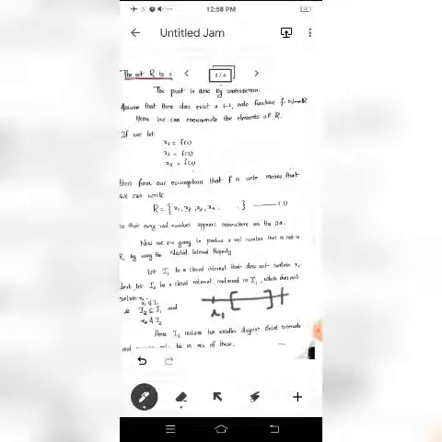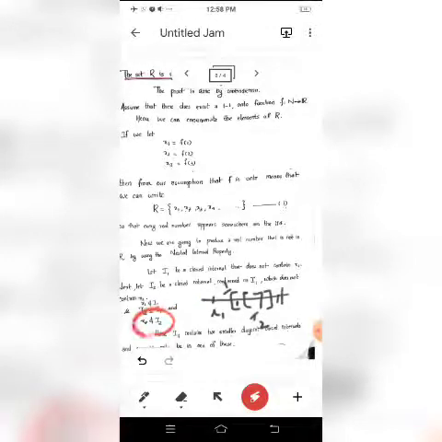Next we assume that I2 is another closed interval which is contained in I1 and which does not contain x2. So x2 will be here or here. I2 is contained in I1 and x2 is not in I2.